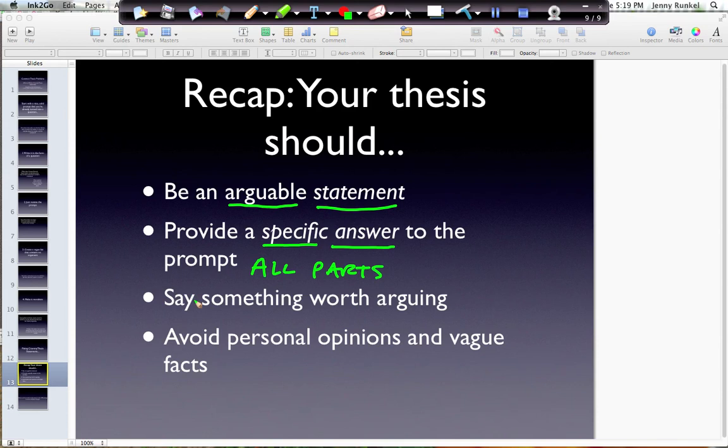You need your thesis statement to say something that is worth arguing. Again, you see a common theme. You do not want to just list facts. And finally, you want to avoid personal opinions and vague facts. You want to say something that is worth reading.